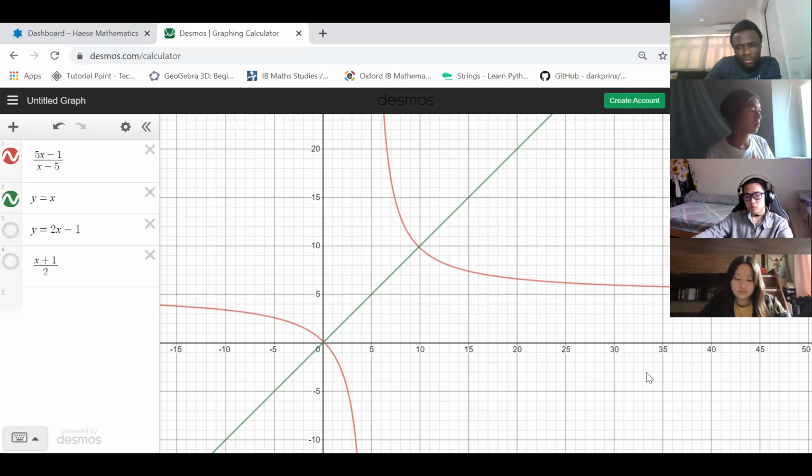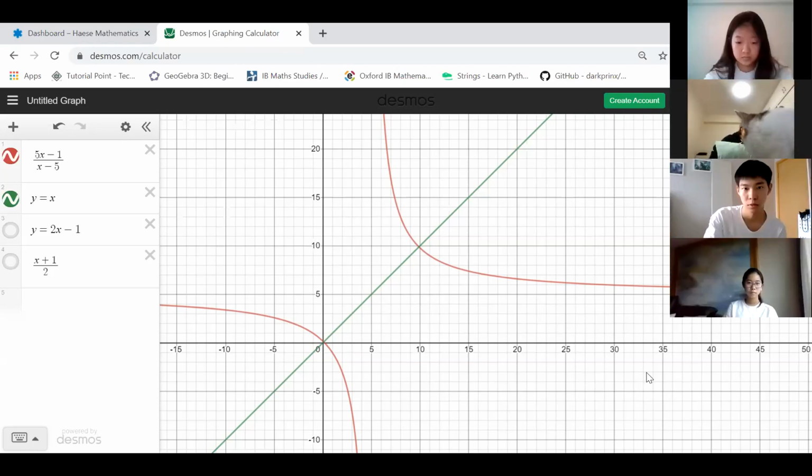Not really. Karen, can you try? Why is this a self-inverse function based on all these inverse properties on the graph that we have mentioned? Can you try?